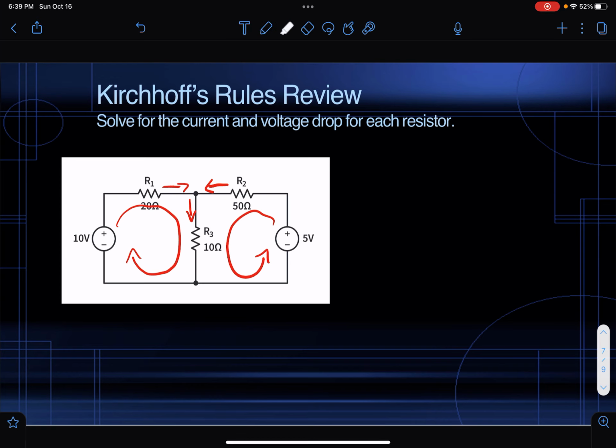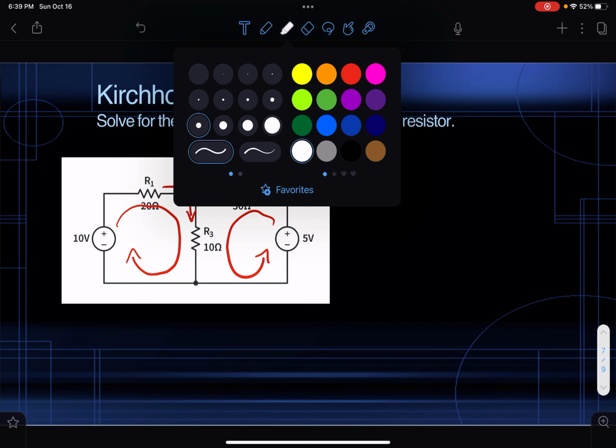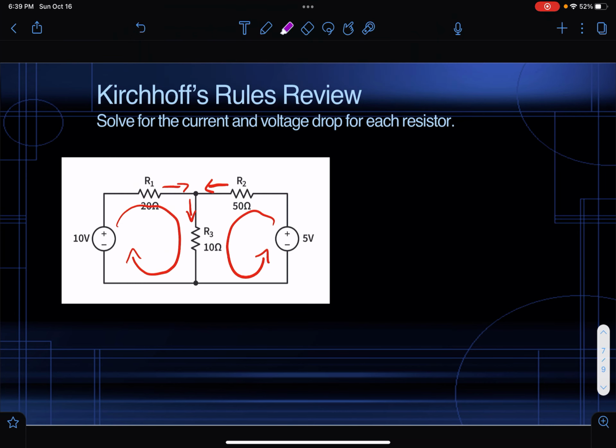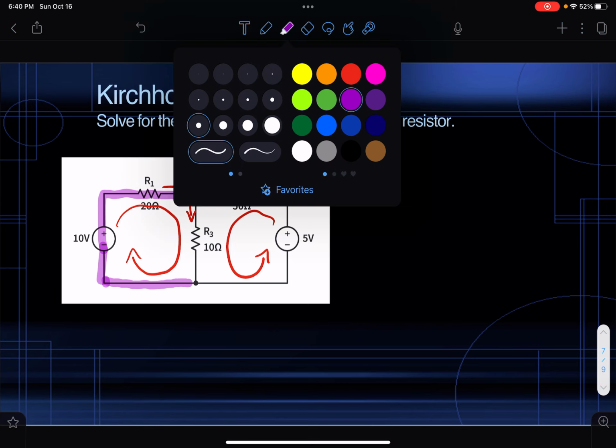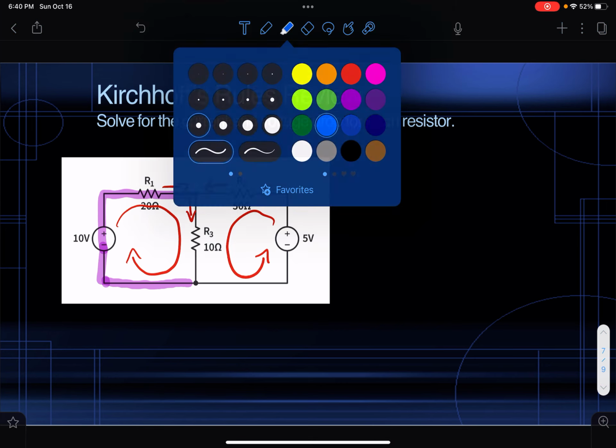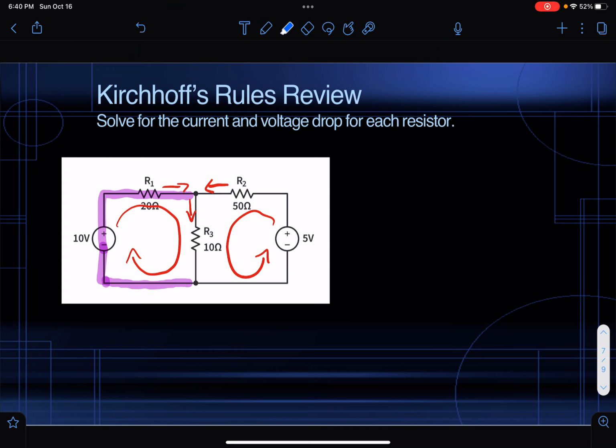Now, here is a really big difference in what we were doing compared to where we're going. The current that goes from this battery into this junction, out of this junction here, is one current. In the past, we've been labeling I1 that goes through R1, I2 that goes through R2, and so on. But in this case, we're going to label our current by loops.